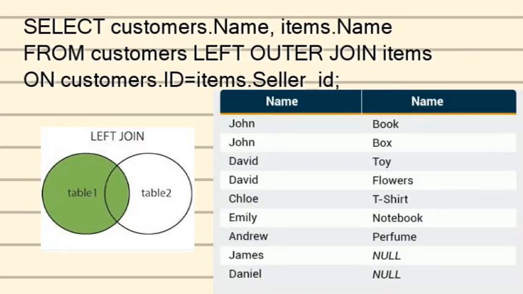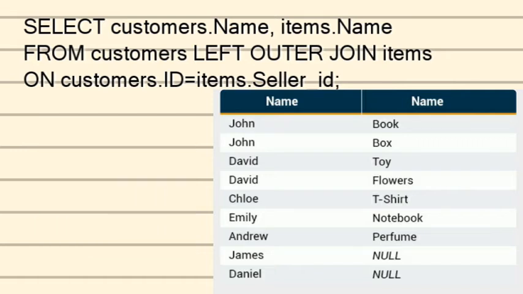So I have joined the customer with a left outer join, that is items, on customer.id equals items.seller_id, meaning based upon this criteria I'm going to perform this join. As soon as I perform this, what you can see on the screen, the resultant output will be the name of the customers and the name of the items that are being provided to me. So the result set contains all the rows from the left table and matching data from the right table.